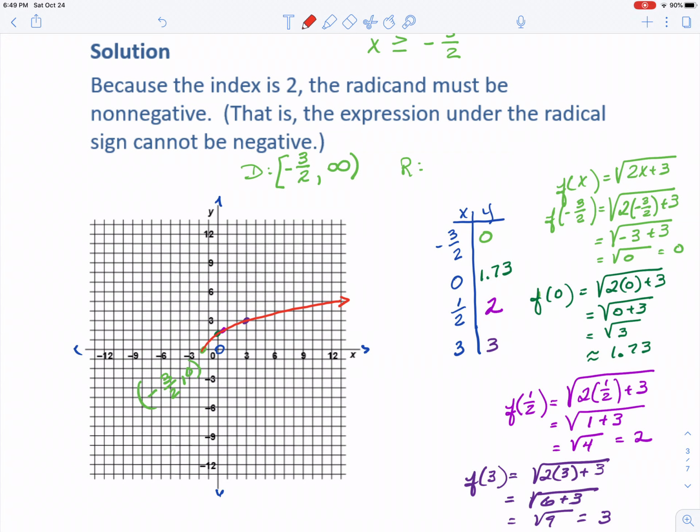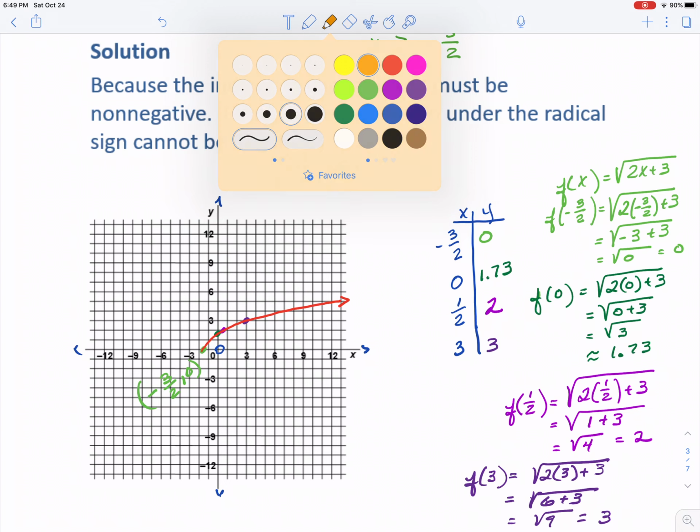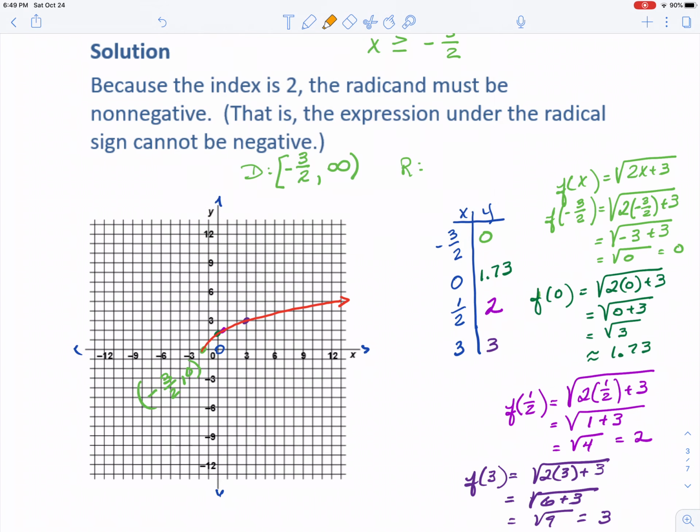So you can see there that domain that I defined earlier. It begins here at negative 1.5 and it goes out to positive infinity. Right, what about the range?